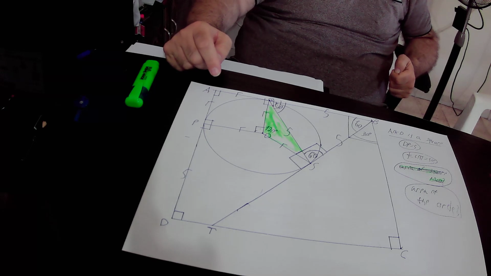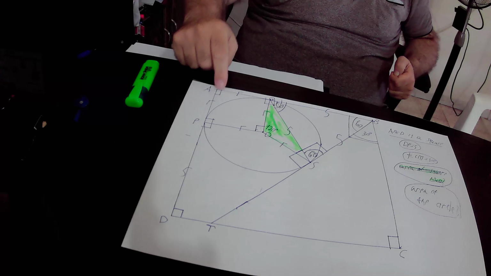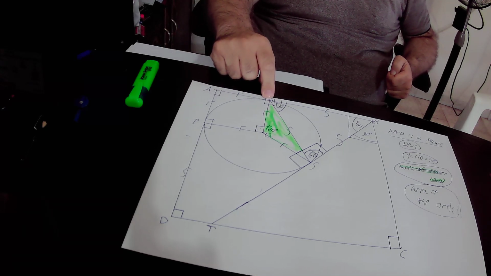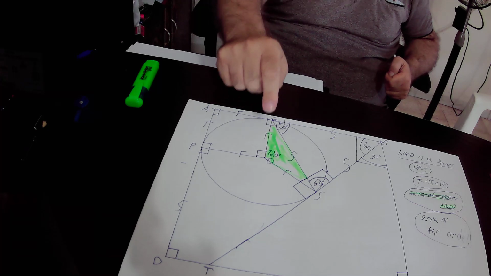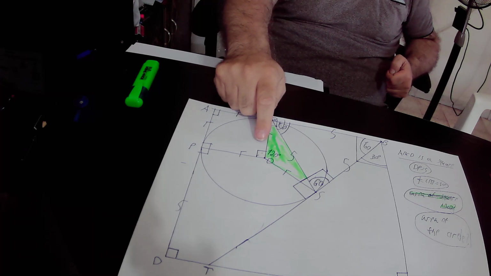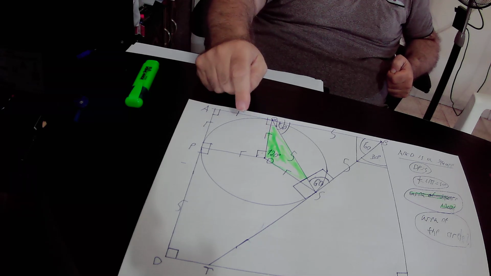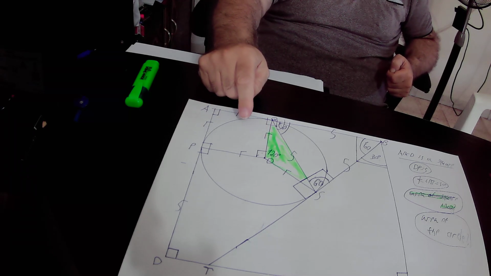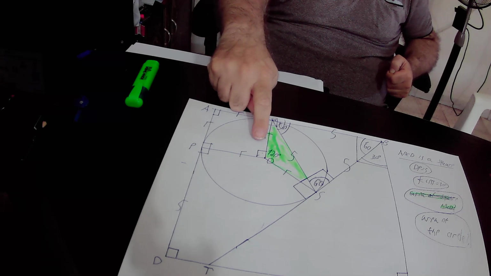So actually inside quadrilateral AQPO, we have 1, 2, 3 right angles. The sum of 3 right angles is 270 degrees plus the size of the 4th angle. In total, they must be equal to 360 degrees according to the rule that the sum of the angles in any quadrilateral is equal to 360 degrees. 270 degrees plus 90 degrees is 360 degrees.